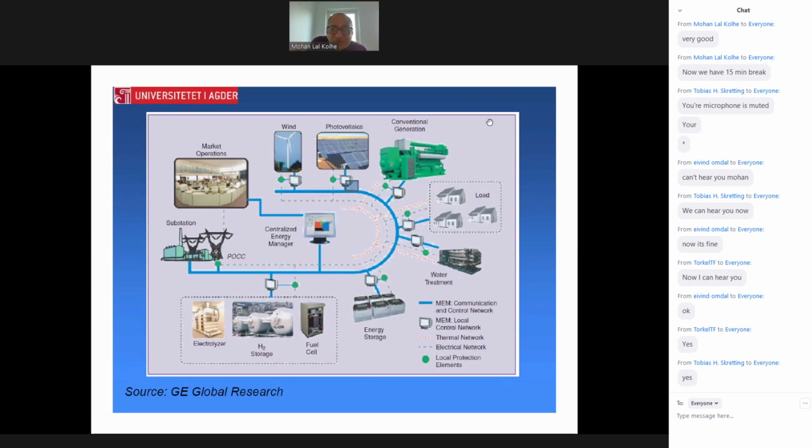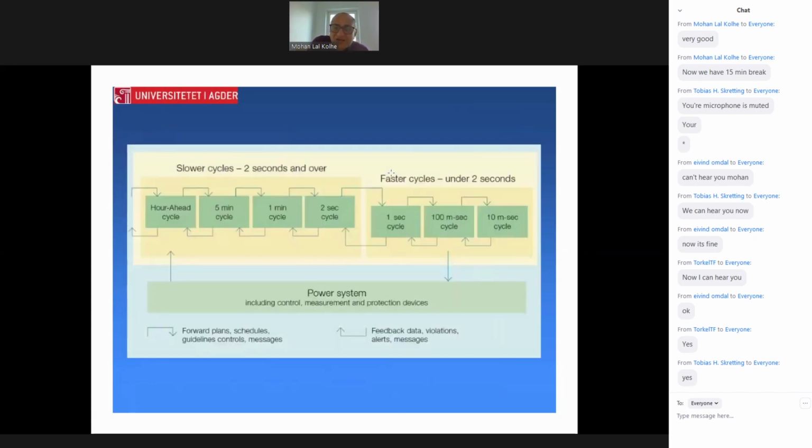How much stored kinetic energy is there depends on the rotational mass or the moment of inertia of the system. That information comes in this period of the 10 millisecond cycle.